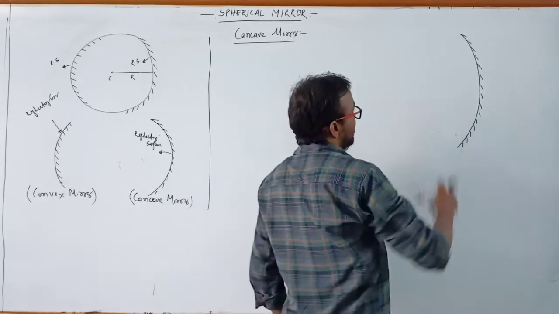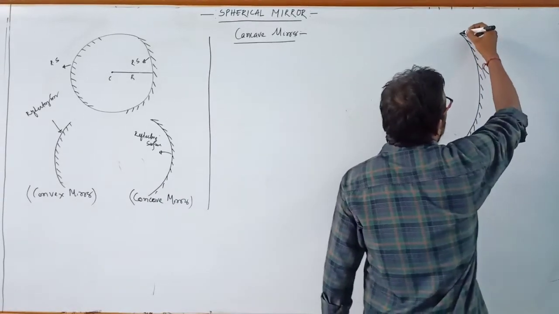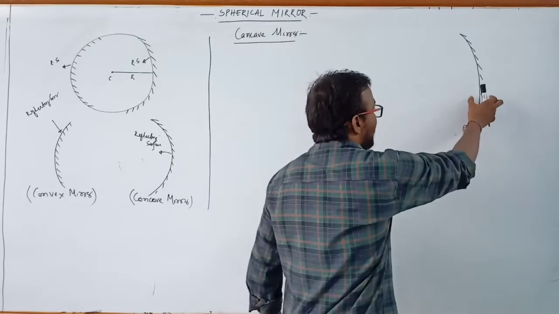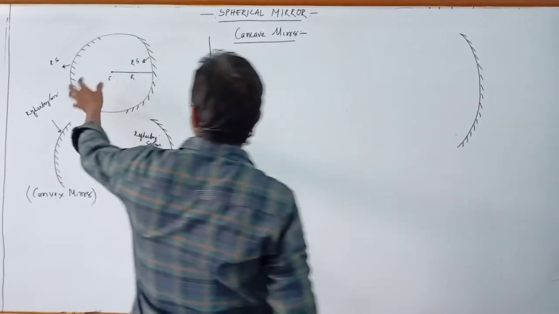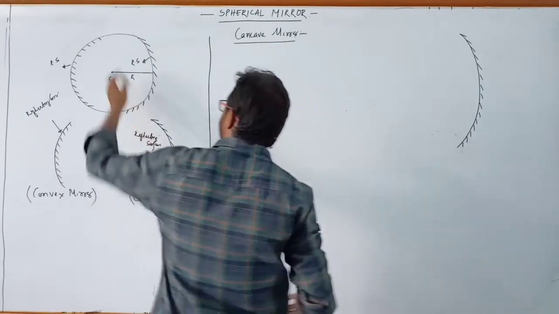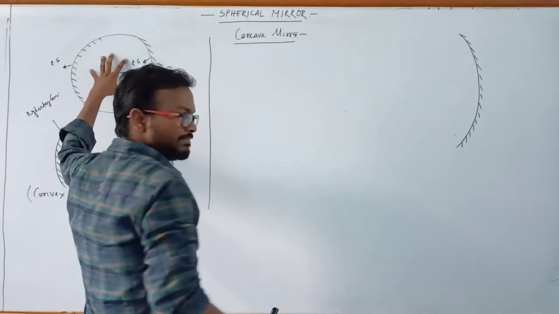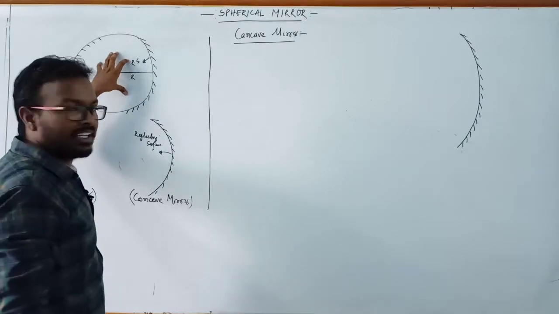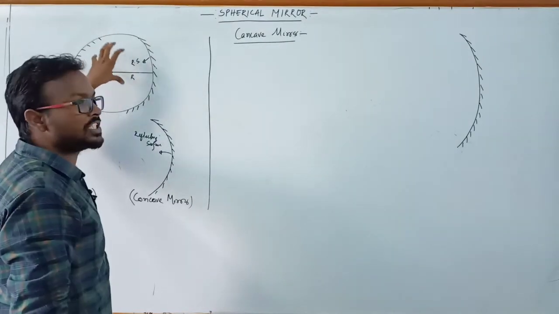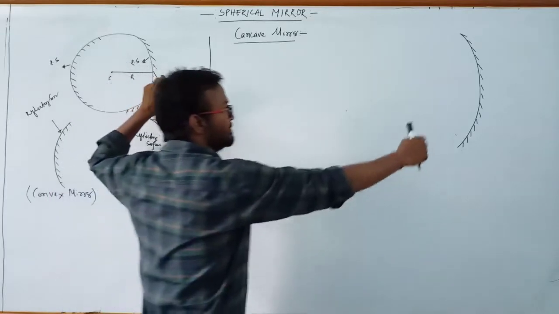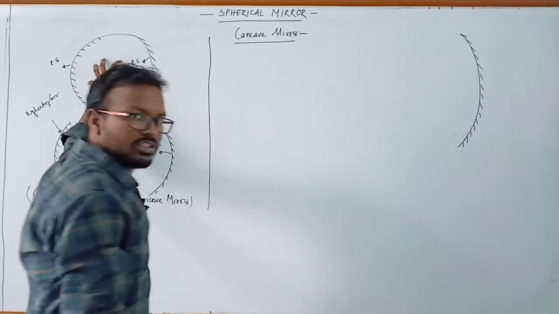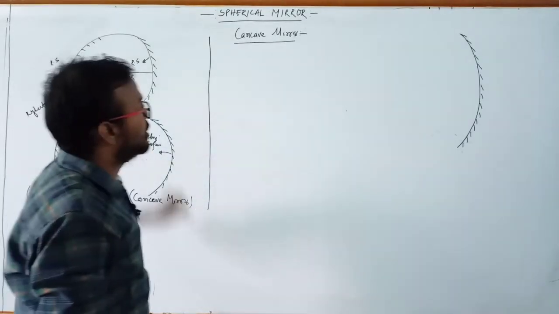So this is the total part of the concave mirror, and this mirror is a part of a spherical surface, just like a hollow glass sphere. This mirror is one part of that hollow sphere.